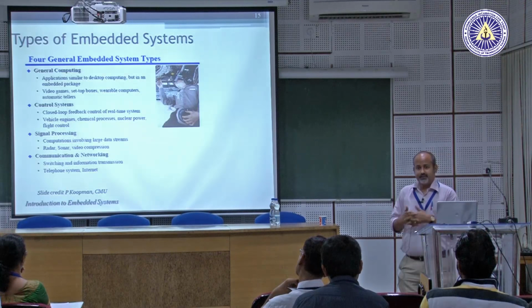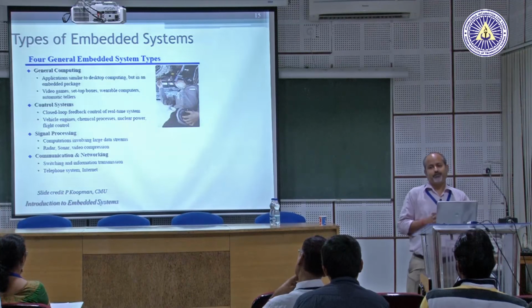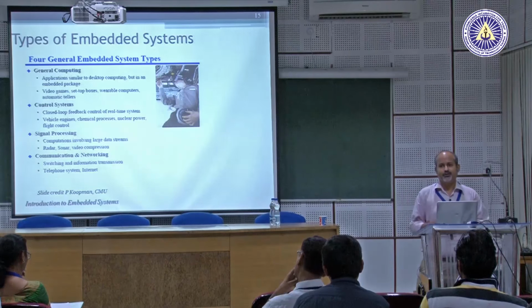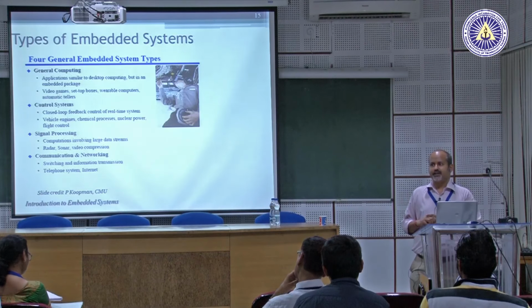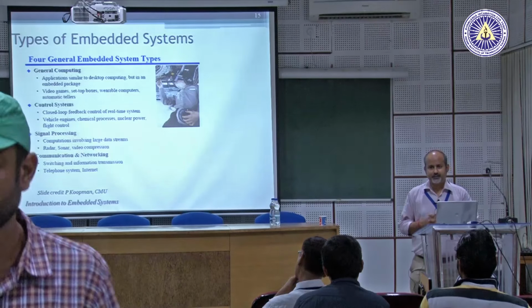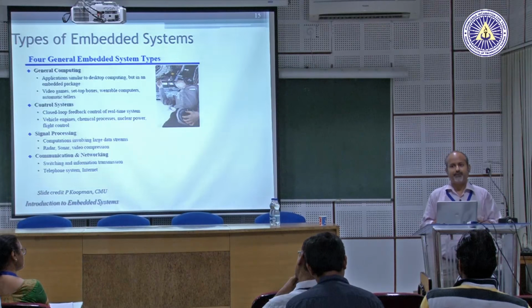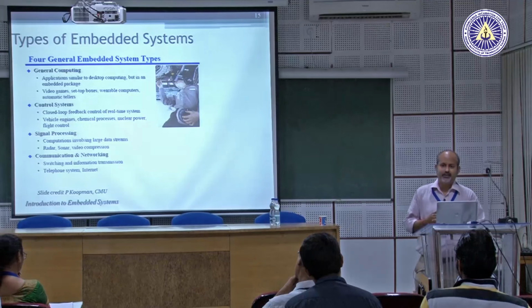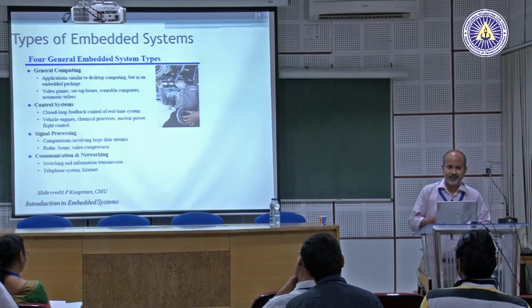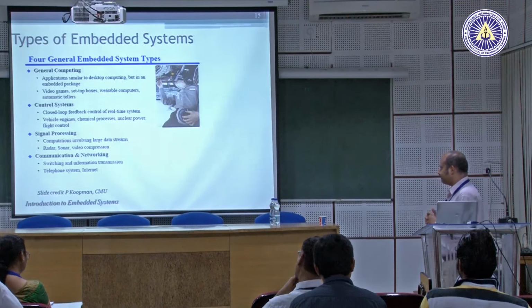Now, there are embedded systems which are general purpose computing. For example, the smartphone that you use is actually an embedded system which has general purpose computing behavior, right? You run applications, you can actually run anything that you can run on a regular computer.